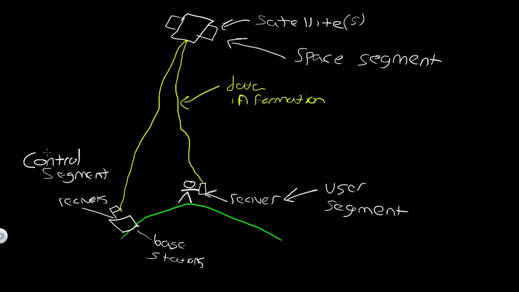So the control segment is going to be involved with the error handling, and we'll talk a lot more about that in a future video. But we can see here the role of what each one of these is doing.